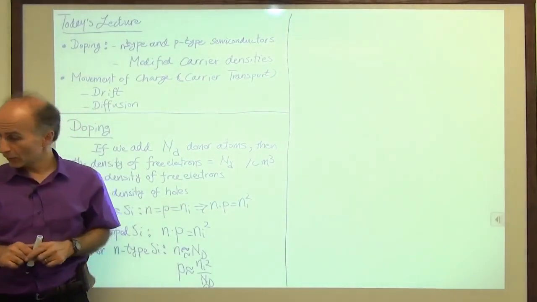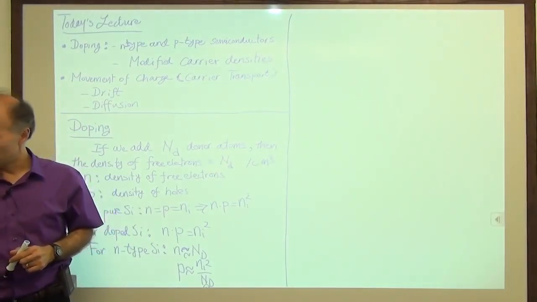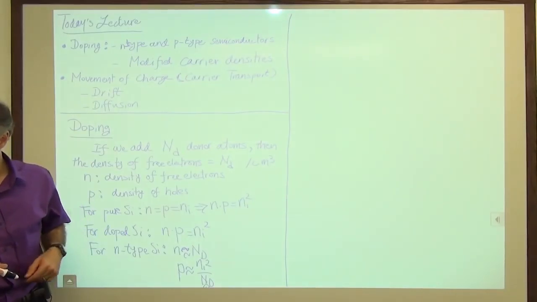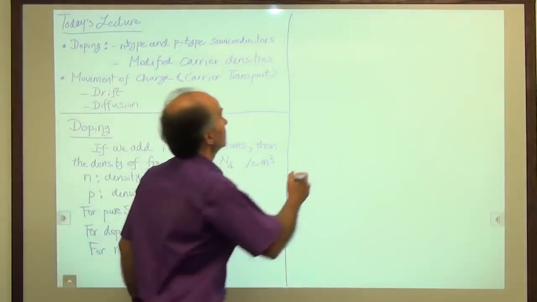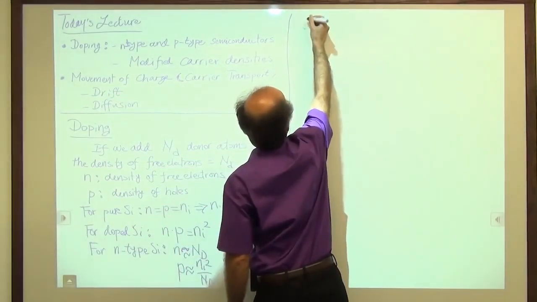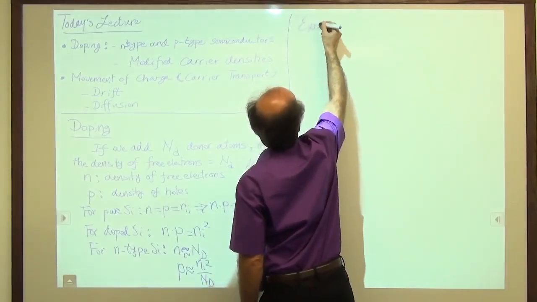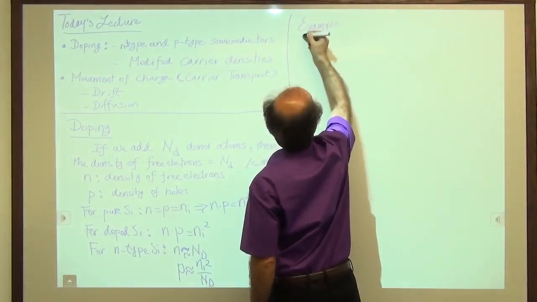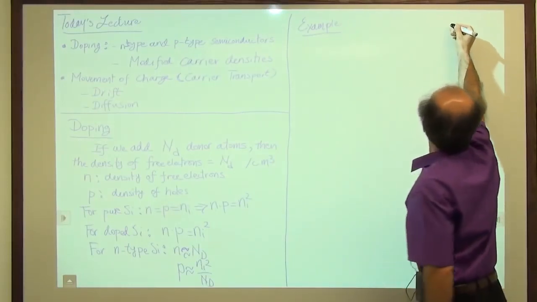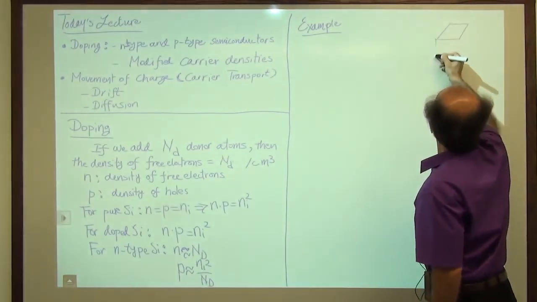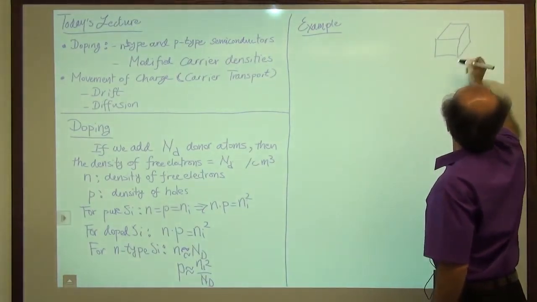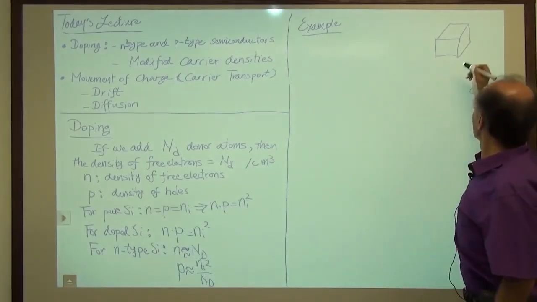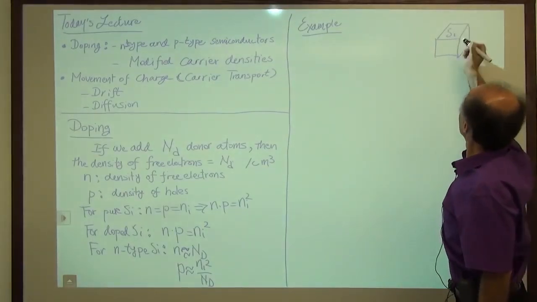So just to give you a quick example of what we have here, let me do a calculation. So we take a 1 centimeter by 1 centimeter by 1 centimeter piece of silicon. So this is silicon.